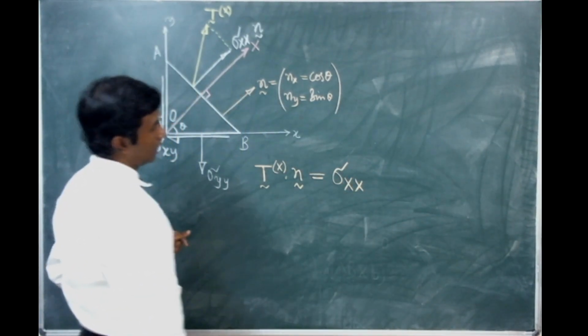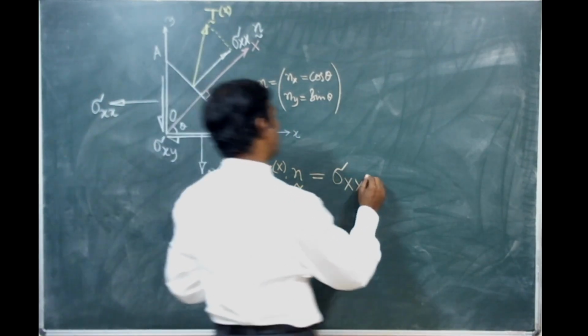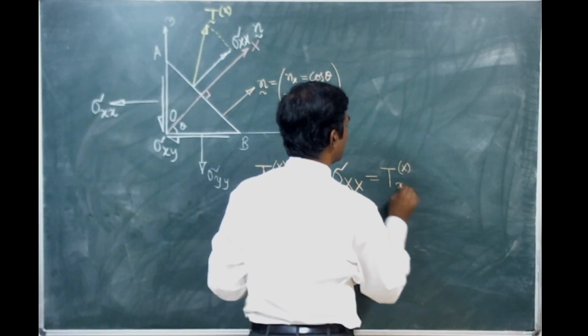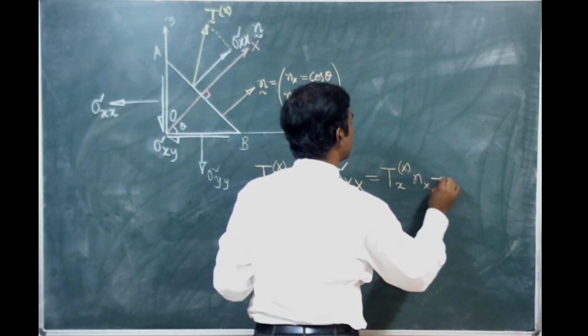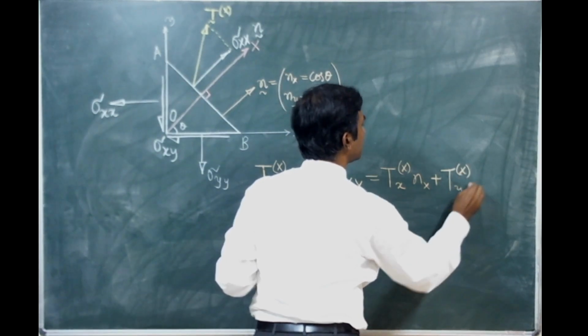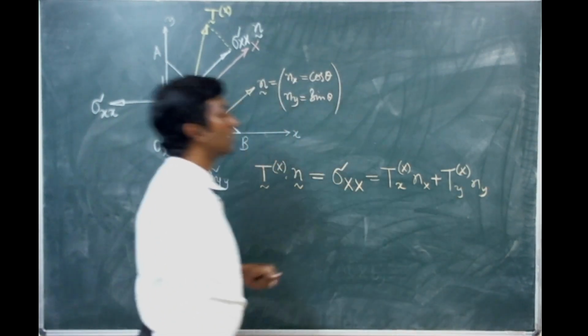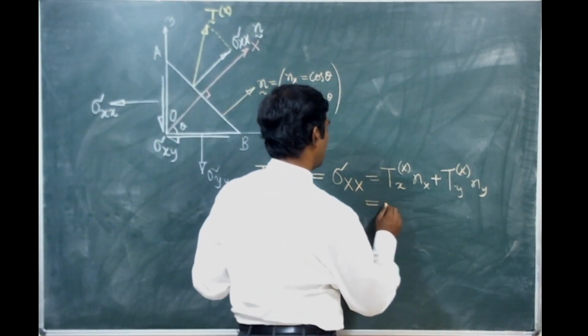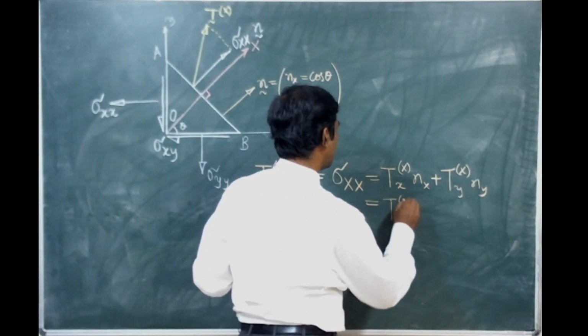So that takes the following form: T x of x times nx plus T x of y times ny.